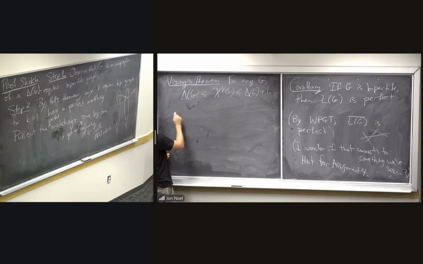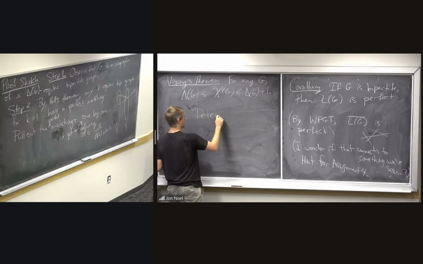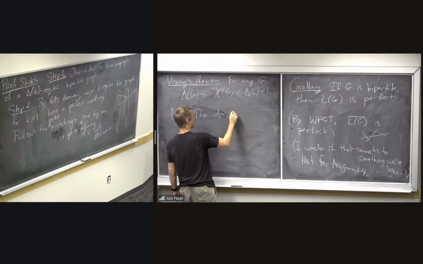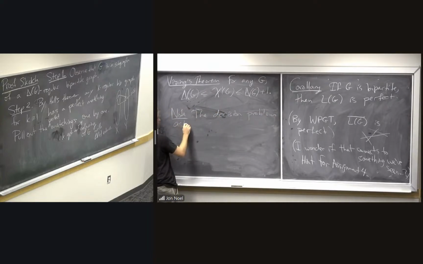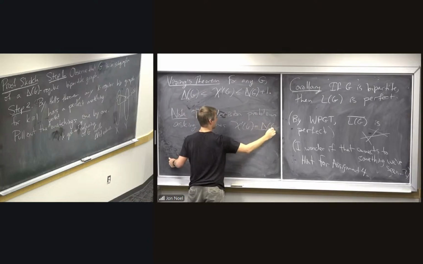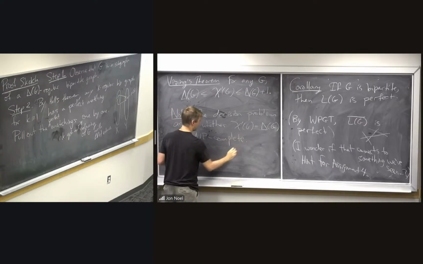So, as a side note, determining the decision problem asking whether the chromatic index is equal to delta of G is, unfortunately, NP complete.